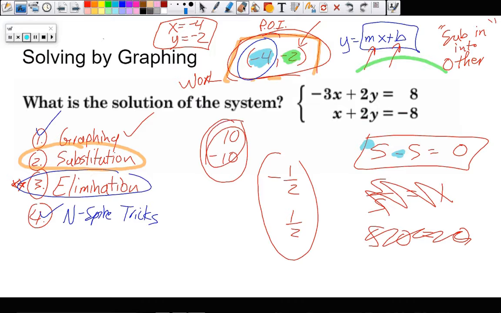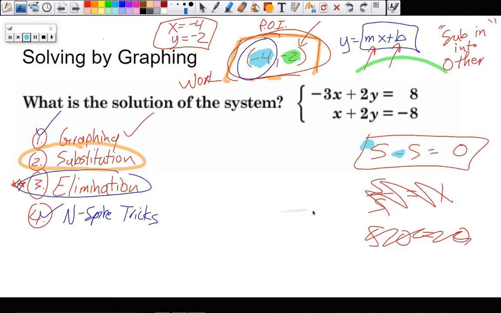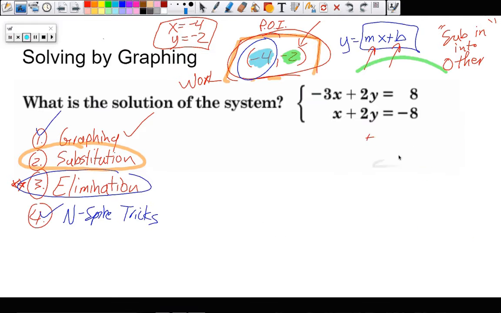Now here's the caveat. Sometimes you will eliminate one of them, and sometimes you will eliminate both of them. Let's say I multiply this entire equation by a negative 1. And I get negative x, distribute, minus 2y, distribute, equals 8.